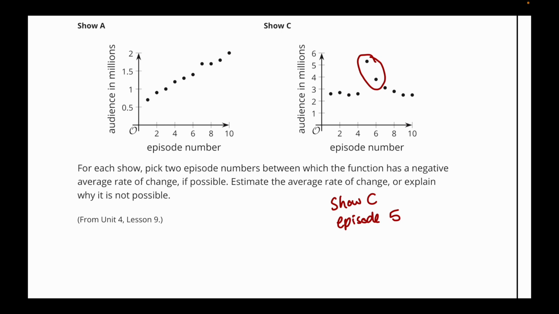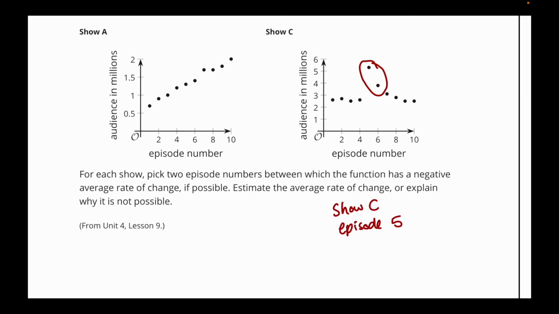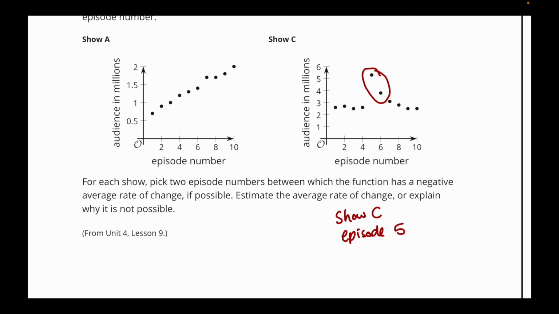And in episode 5, they had like 5.5 million. And in episode 6, they had just shy of 4 million, so let's call that 3.8. I'm going to put a little wiggly line in front of it to mean approximately 3.8 million.